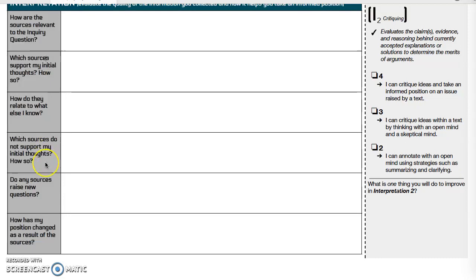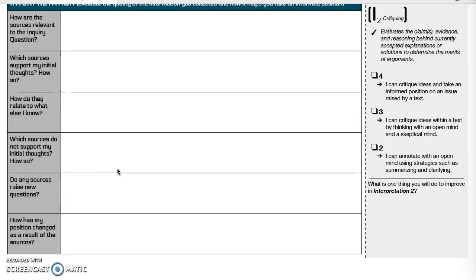One of the things is that there will be many sources that may go against your initial thoughts. What you originally thought is your position regarding the inquiry question. And in this particular question, you are to determine whether there are any sources that do not support your initial thoughts, and then explain how.